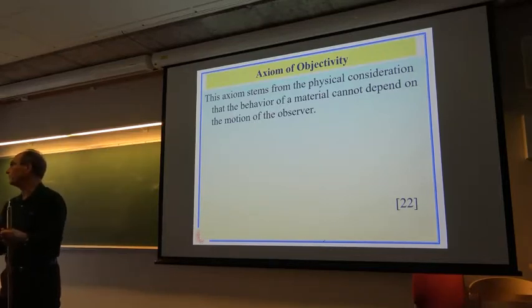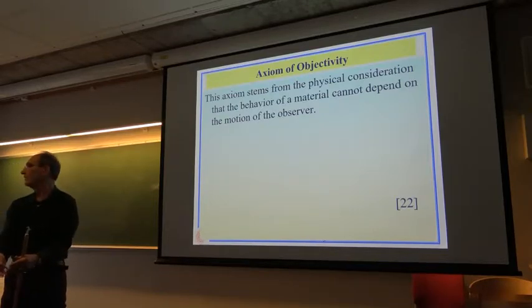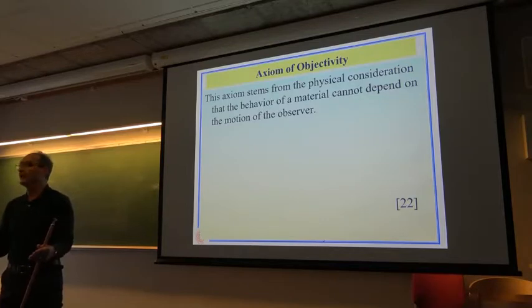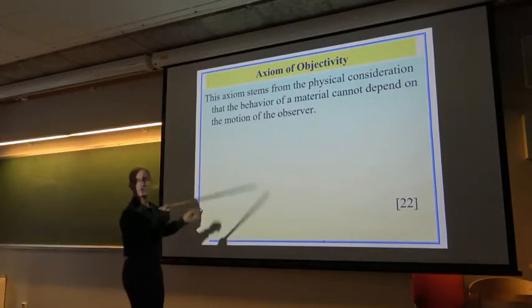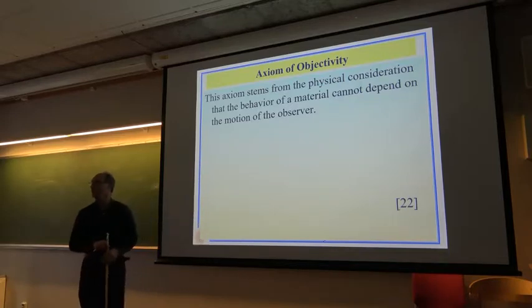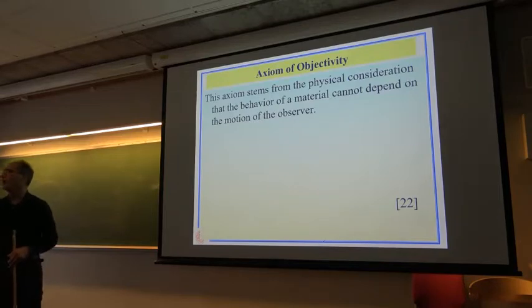Velocity will be different, for example. And the other observer is just sitting next to it. So they will observe different velocities. That doesn't mean that the material behavior will be different. Therefore, only objective variables are allowed in the constitutive equation.